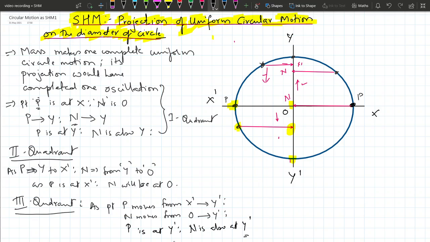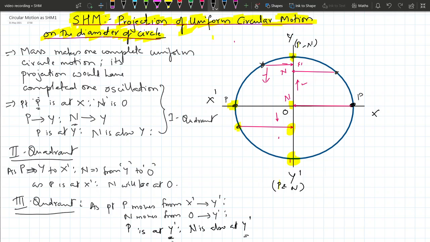Therefore, at Y dash, both P and N coincide. Similarly here at the point Y, both P and N coincide. Okay.